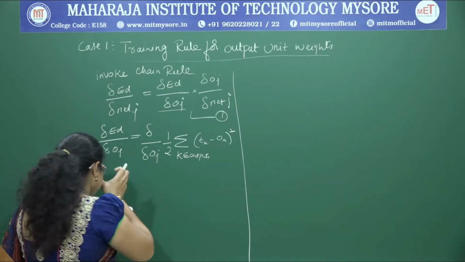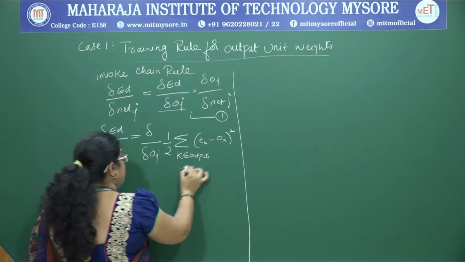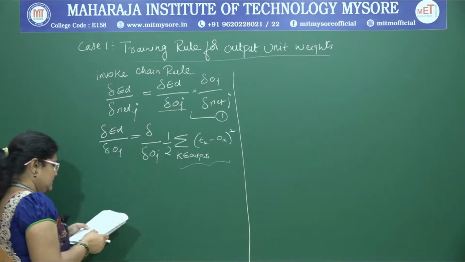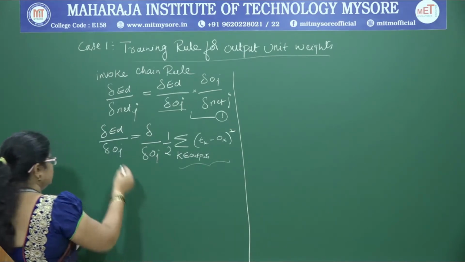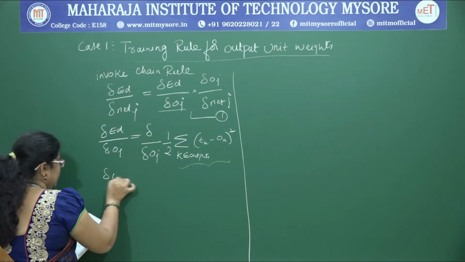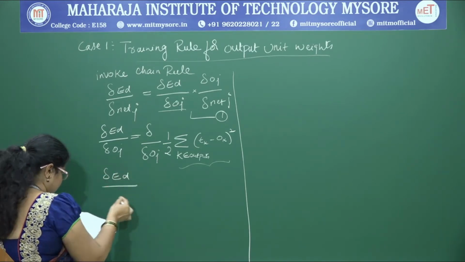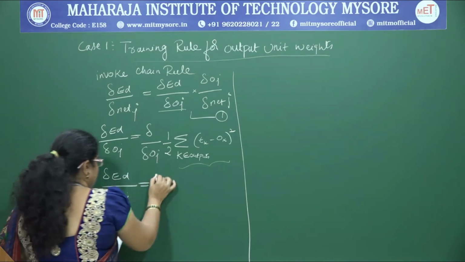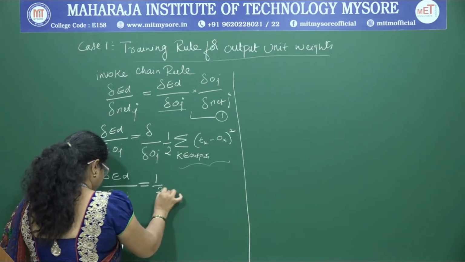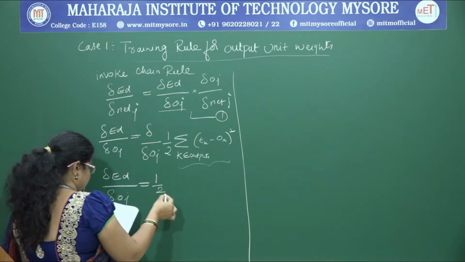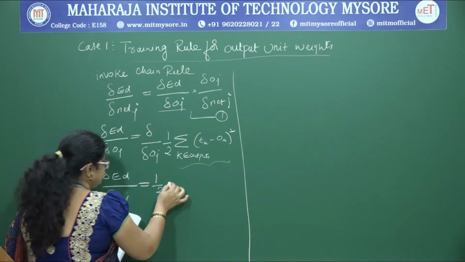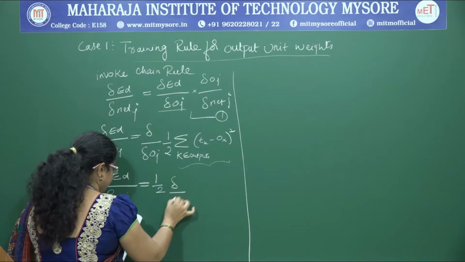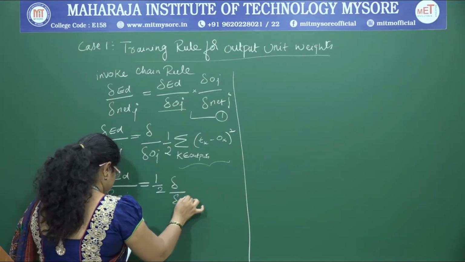Now, performing the derivation, the derivative del Ed by del Oj is equal to half, which we take out, times del by del Oj.